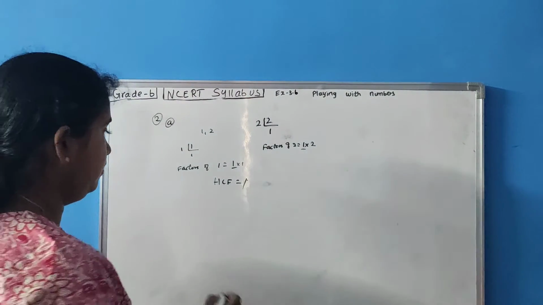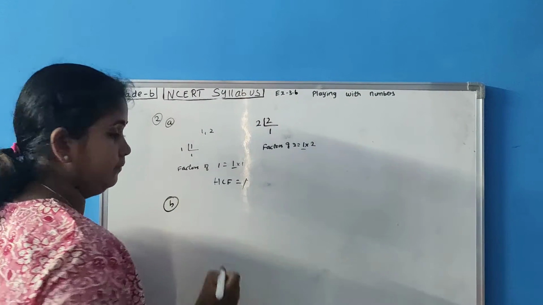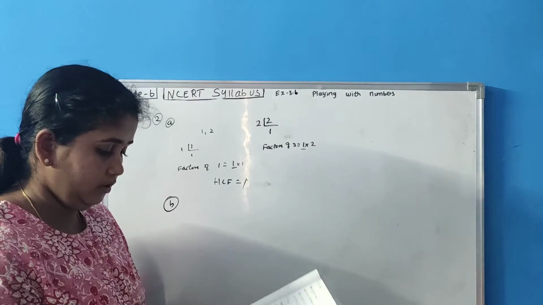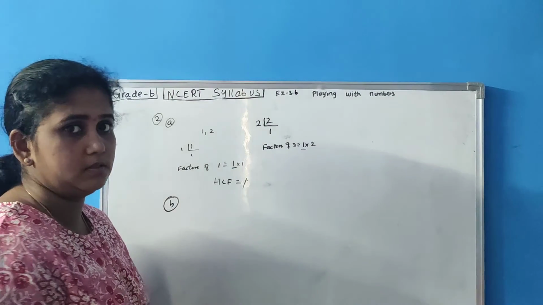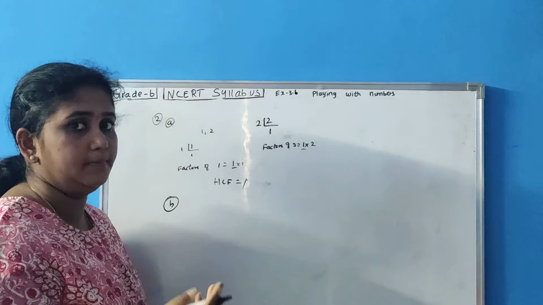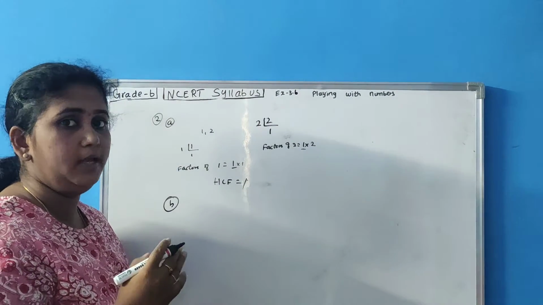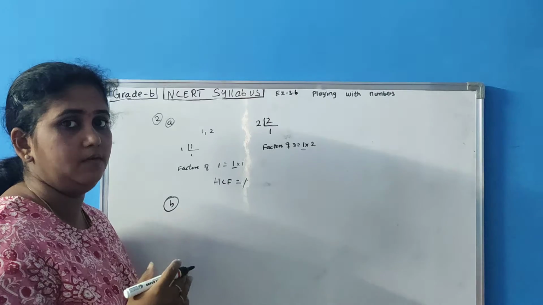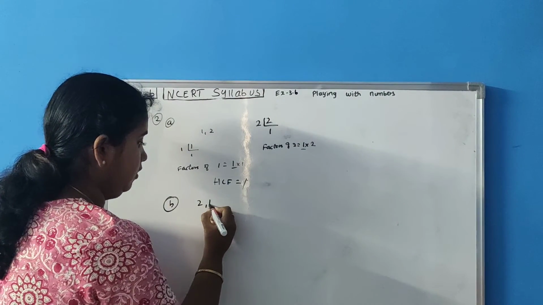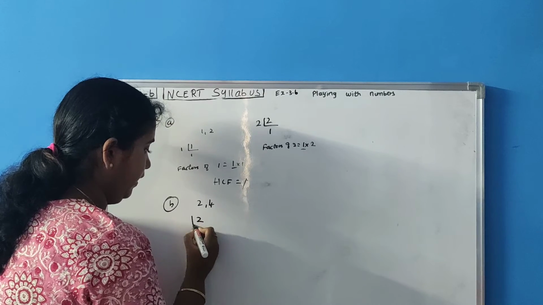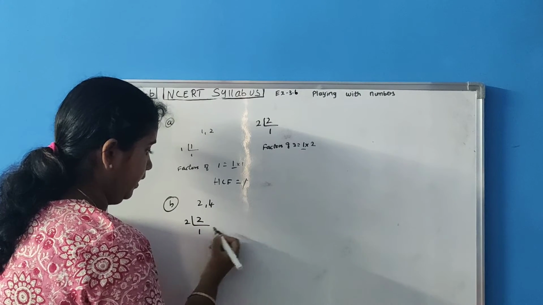Next they gave two consecutive even numbers, that is 2, 4. You should not take 2, 6 because that is not consecutive even numbers, since 4 is in between. So I am going to take 2 and 4. For 2, the factors are 2, 1.